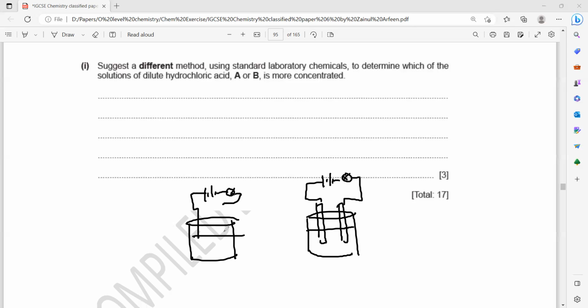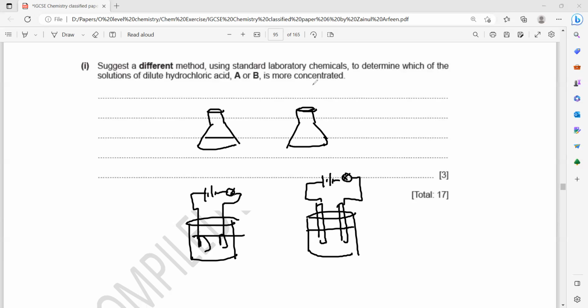The solution in which the lamp is brighter is more concentrated. This is one method. Another thing, you can take an equal amount of the two solutions A and B and add excess of the carbonate or metal and measure the volume of the gas.